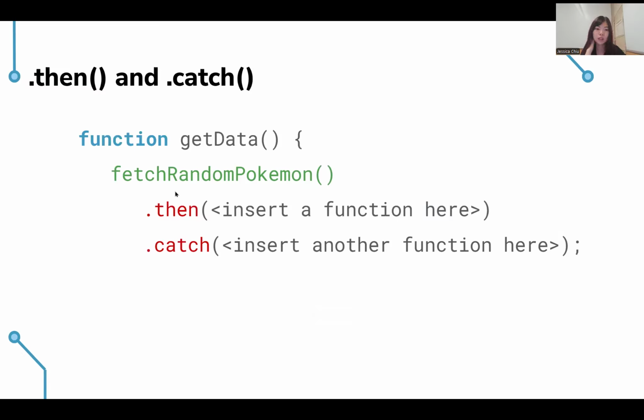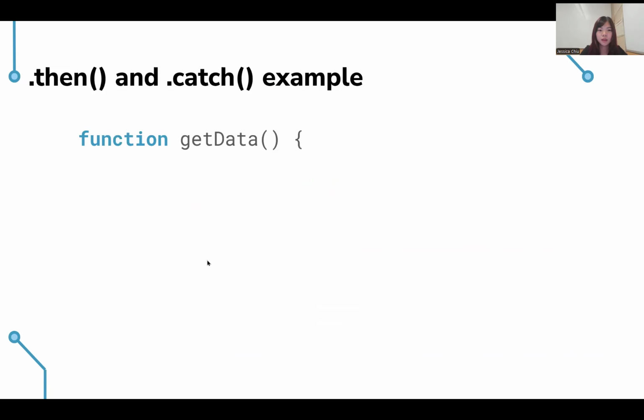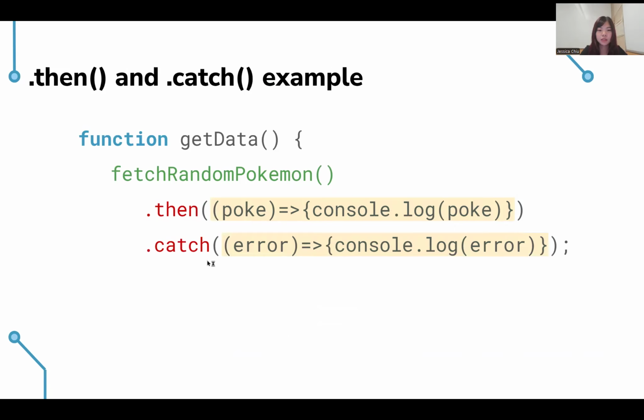and then we're going to have a dot then and a dot catch. The way this works is if the promise is resolved, then it will execute whatever function is in the then method. If the promise is rejected, it'll handle the error in the other function that is inside of the parentheses of the catch method. So we can look at an example to get a better gist of how this works.